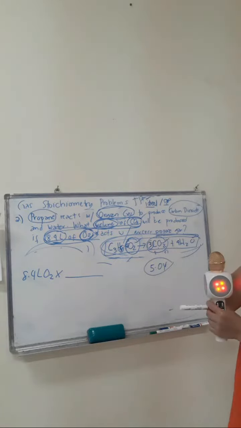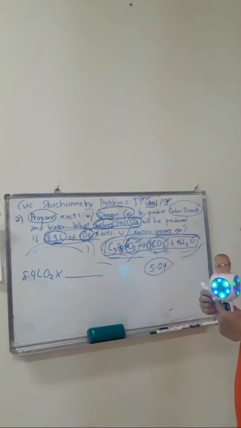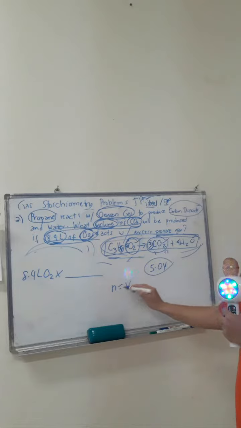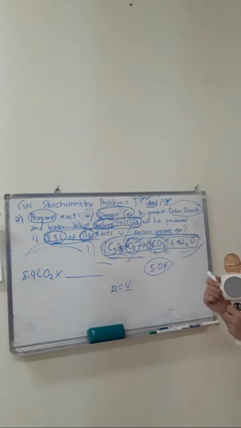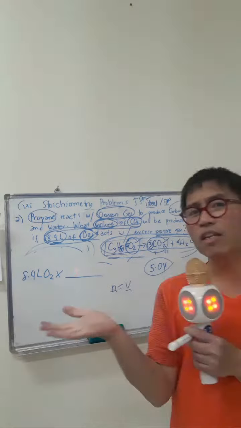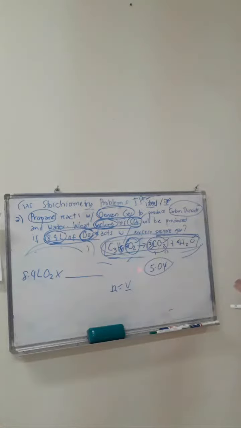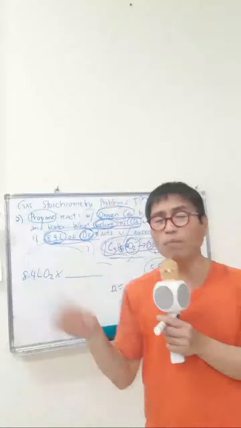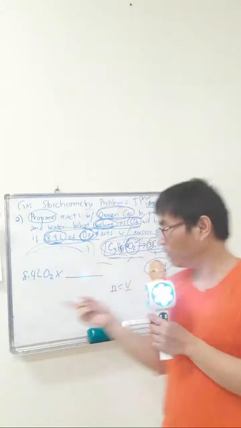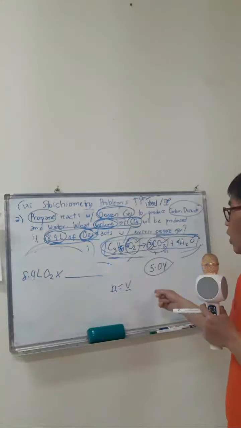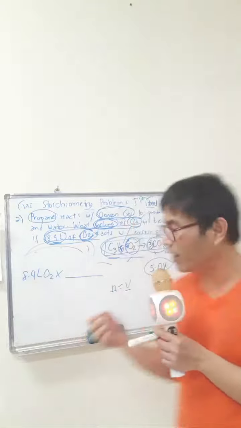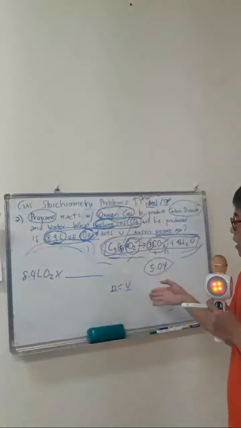So the number of moles is equal to the volume, because they are directly related to each other. If the number of moles increases, the volume also increases. Now take note, this number of moles in the chemical reaction is not the volume, but by theory, the volume and number of moles behave in the same manner. That's why if you increase the volume, the number of moles will increase.